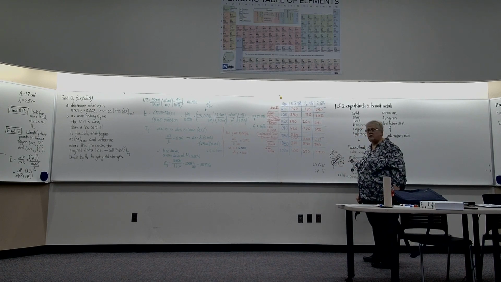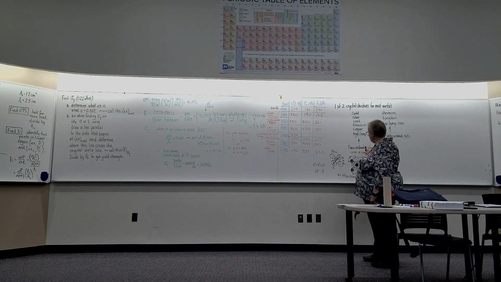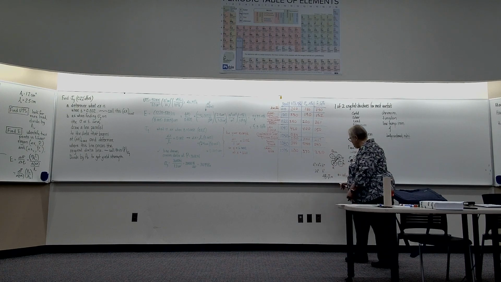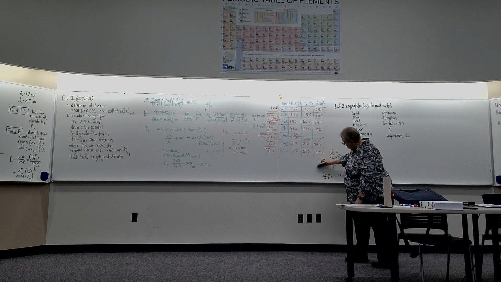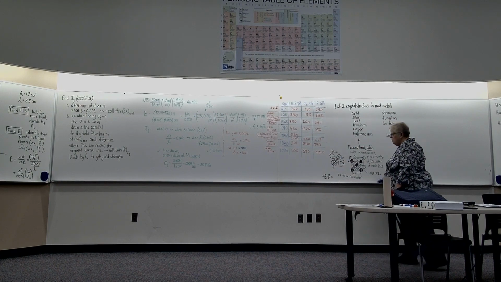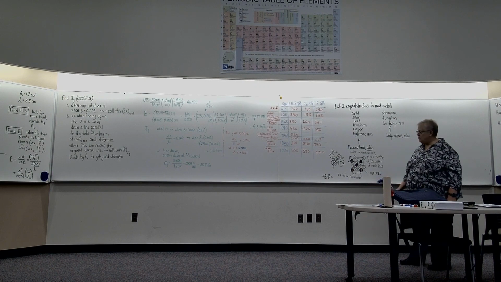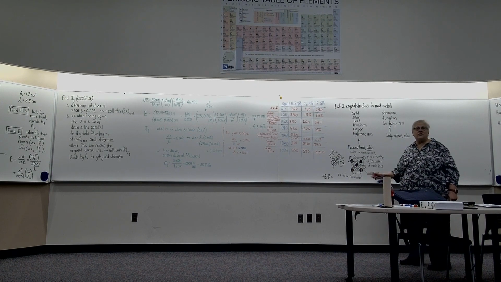So for face-centered cubic, 4 times the radius is equal to square root of 2 times A. So if we knew the atomic radius, we would be able to know the size of one unit cell.